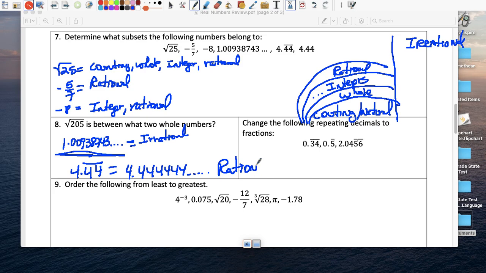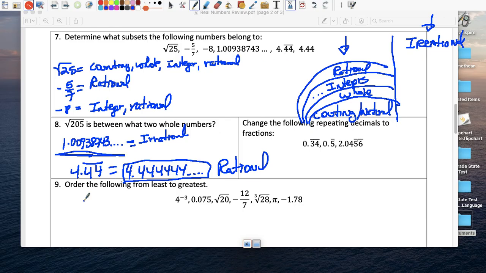Why is that rational? Because, like we showed before, we can express it as a ratio of 2 integers. I can write it as a fraction, which is an exact relationship between 2 integers. So this becomes rational. So you have to really know the difference between which decimals go on this side and which decimals go on this side.